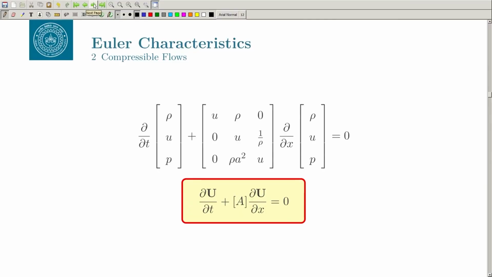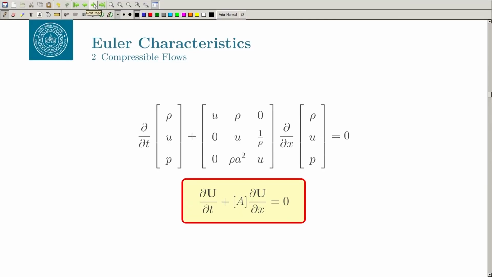So, that will give us information. Eigenvalues are basically an indication of which direction the wave is travelling. If the flow is supersonic, all your eigenvalues will be positive, that means all travelling in one direction. If it is subsonic, some may be positive, some may be negative, and then accordingly you have to specify the boundary condition.